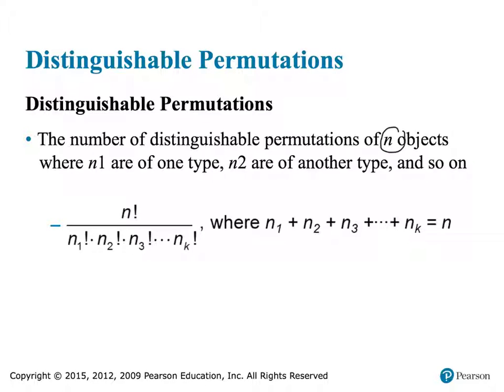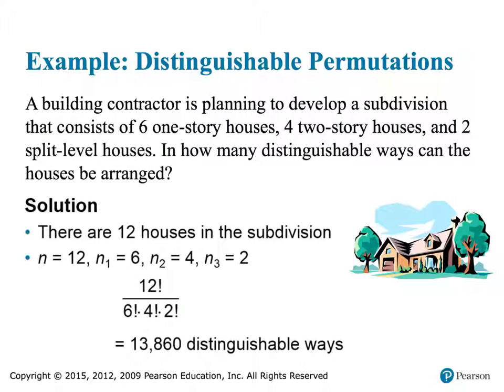That will be n. But then second, how many of each type are there? So maybe there's type 1, and there's type 2. And you're going to arrange some from type 1 and some from type 2 from those n objects. Then what you can do is the following. Let me demonstrate this with an example.